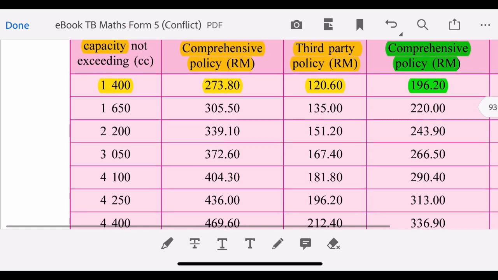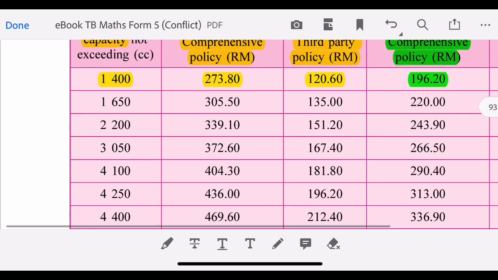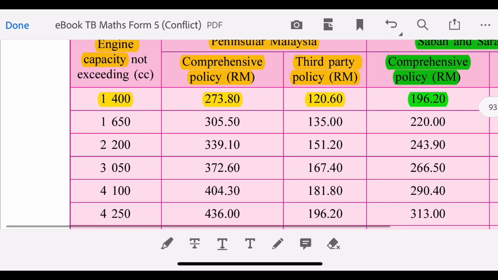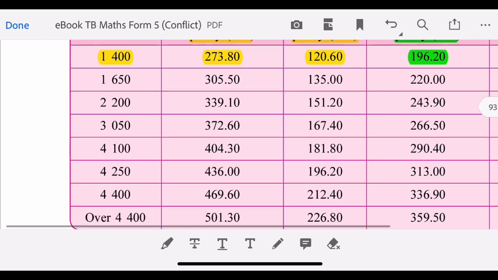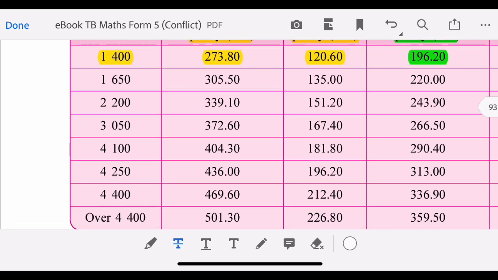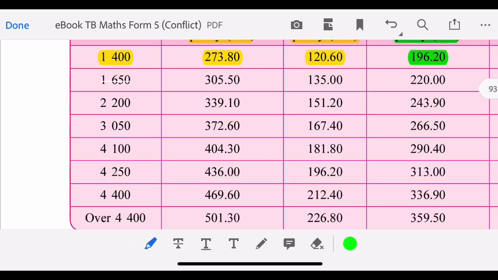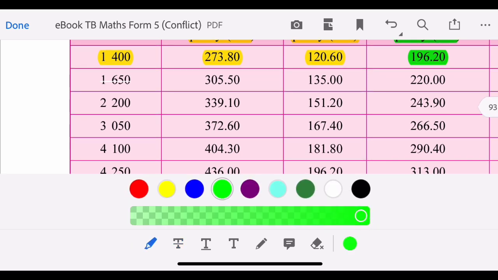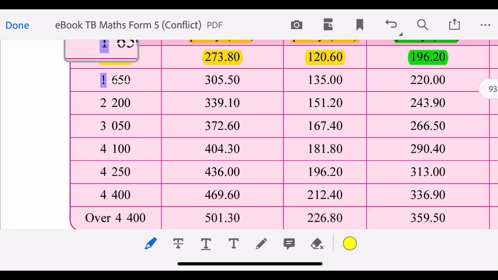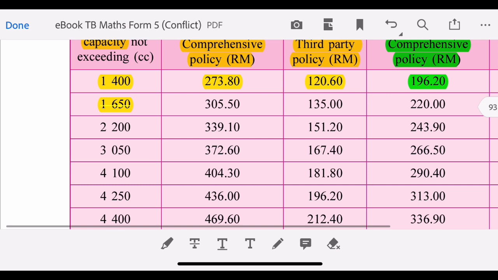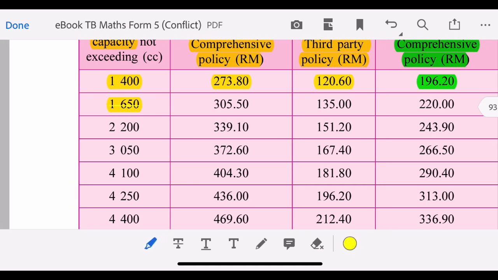Then the price will increase when the engine capacity increases. As you see, when it is 1650, the comprehensive policy will be 305.50, and for third party it also increases.